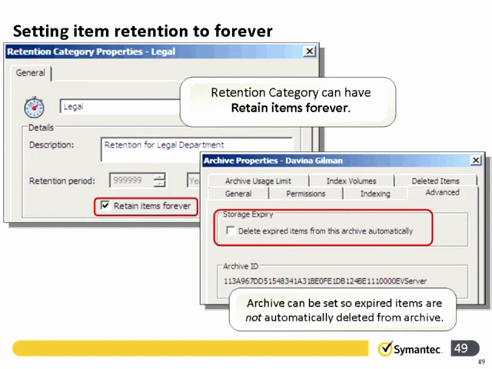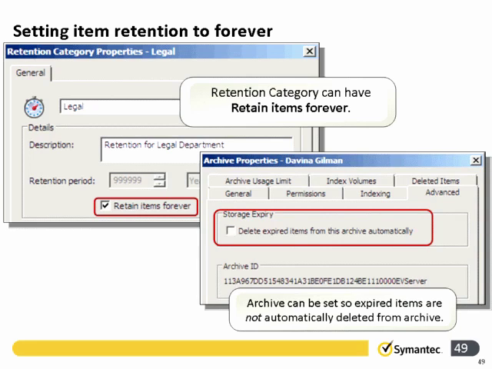Now, if you do select that, on the advanced tab for the archive properties, if you have status expiry turned on and the check mark delete expired items from this archive automatically, that retain items forever retention category setting will override that.